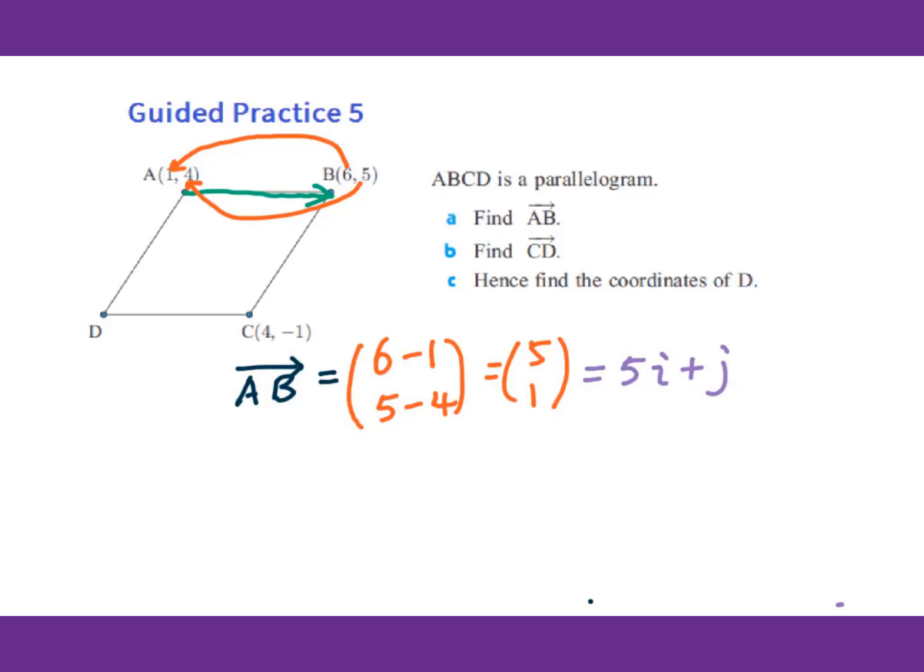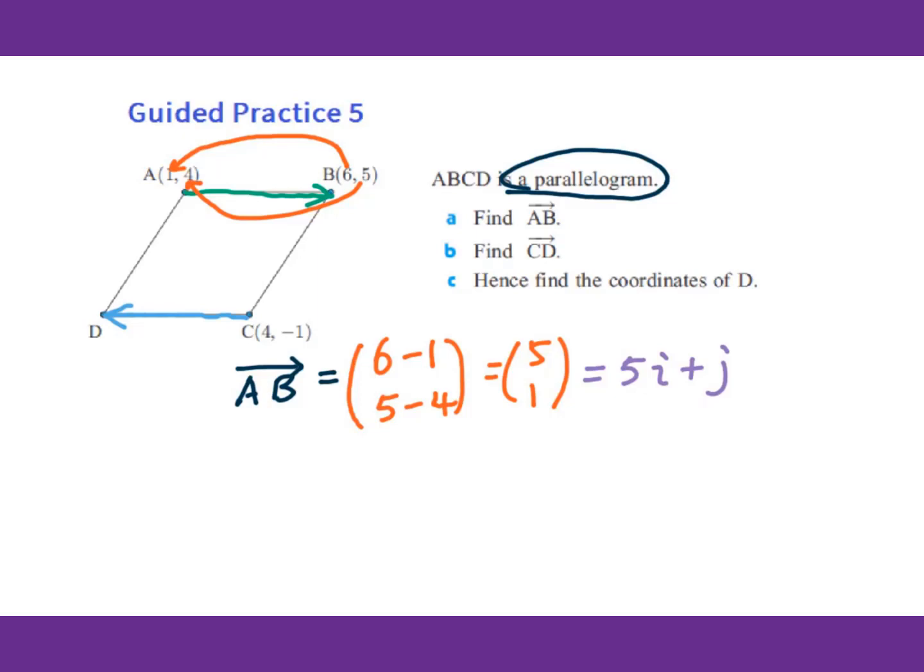B, find CD. Draw like this. Since we know ABCD is a parallelogram, which means the opposite sides are parallel to each other and also equal to each other in length.